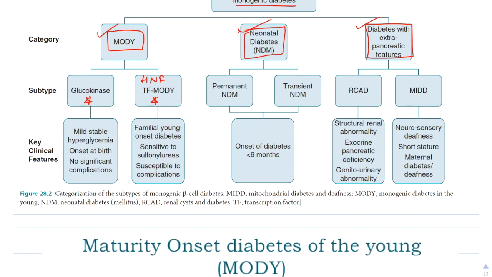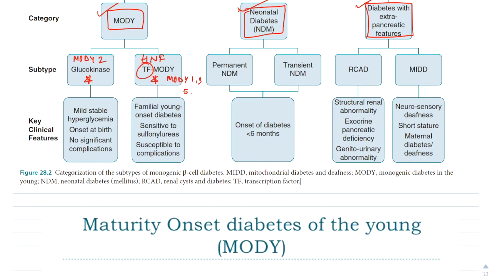The defect in glucokinase is seen in MODY type 2, while MODY type 1, 3 and 5 are associated with defects in the transcription factor. Neonatal diabetes can be divided into permanent neonatal diabetes and transient neonatal diabetes, and these usually have an onset less than 6 months, that is in the neonatal period.